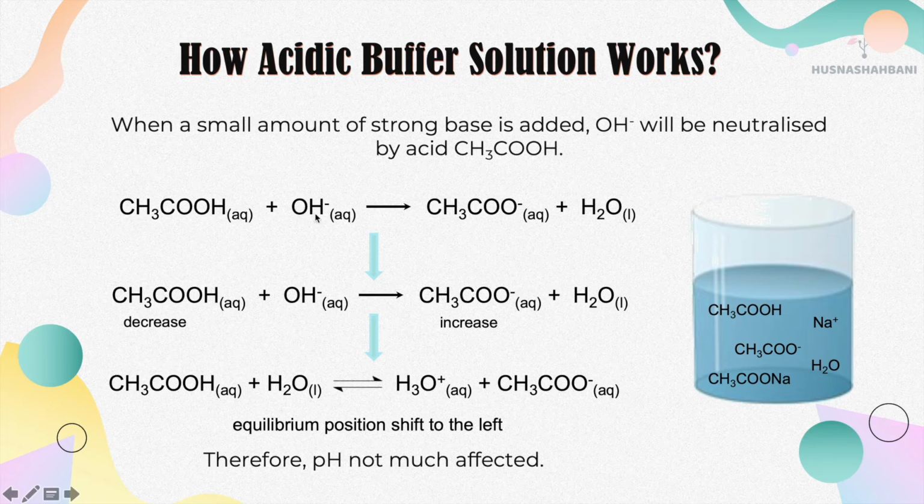So this OH- will accept one proton from CH3COOH to become H2O and CH3COO-. When this reaction happens, when the OH- reacts with this weak acid, the concentration of this weak acid will decrease, and the concentration of CH3COO- will increase.